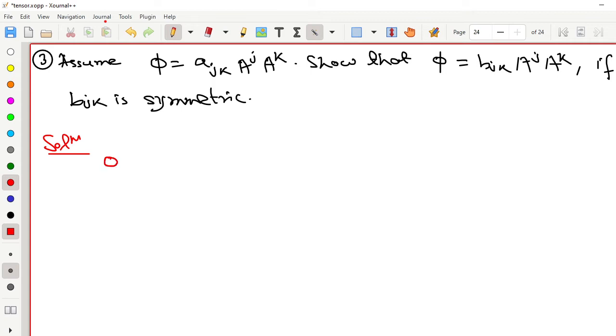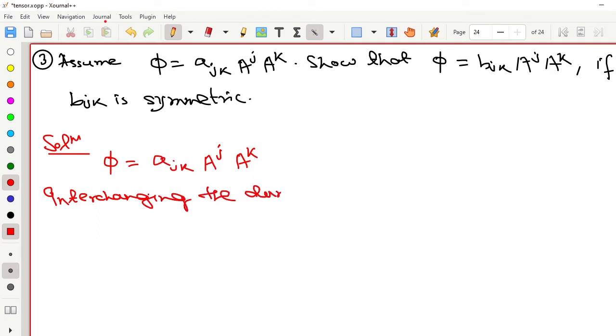So I start with this, phi is what? Phi is ajk aj ak, understandable. Now what do I do? Interchanging j and k, because those are dummy indices, I interchanged them with each other. Why did I do that?